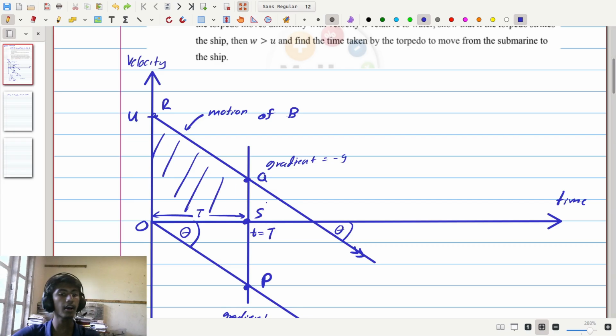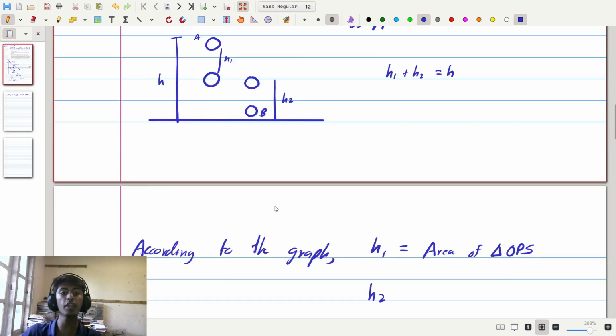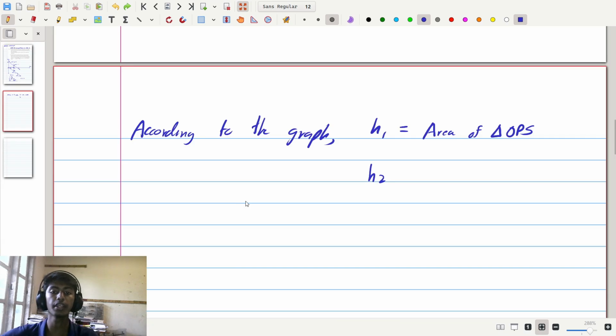Now considering that area, the area here is the area of the quadrilateral OSQR, and therefore if we go down, we can say h2, which is the vertical displacement of the particle B, which is exactly what this area is representing, is equal to the area OSQR. Therefore going down, we can say h2 is equal to the area of the quadrilateral, which actually looks like this. It's not actually a proper rectangle, it's a quadrilateral like this. It's the quadrilateral area of OSQR.